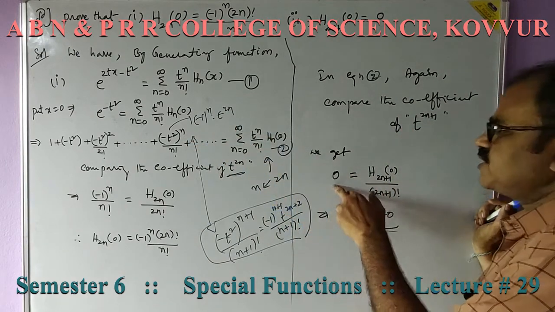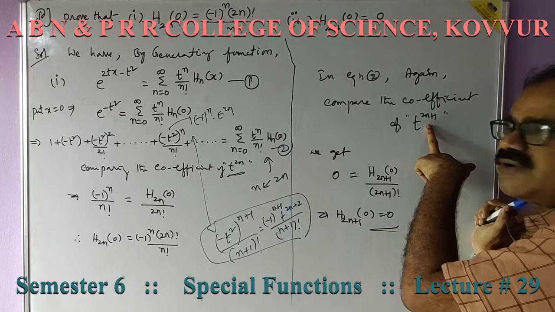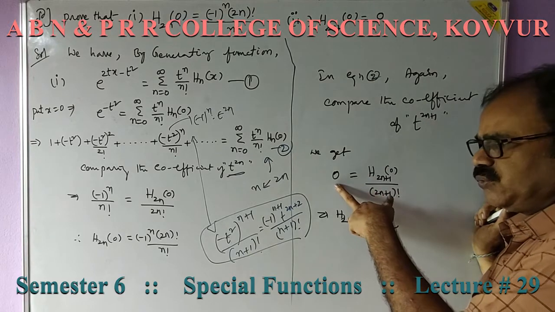Therefore, on the left hand side, there is no coefficient of t^(2n+1). That is why it is 0.